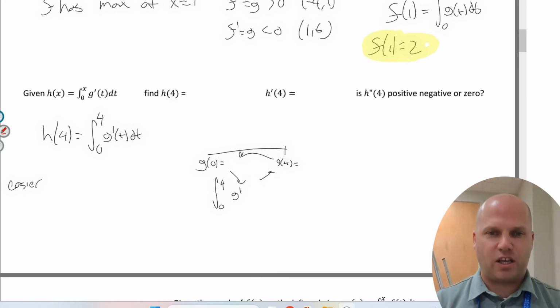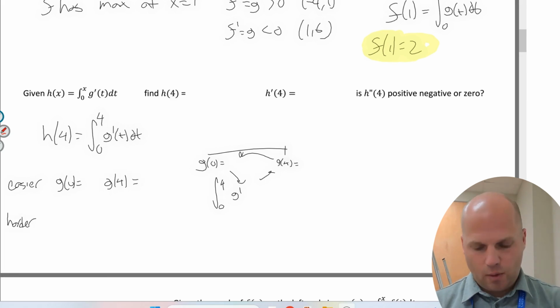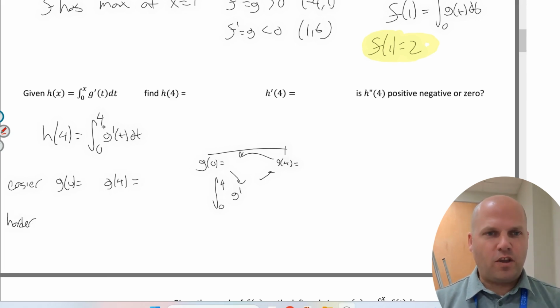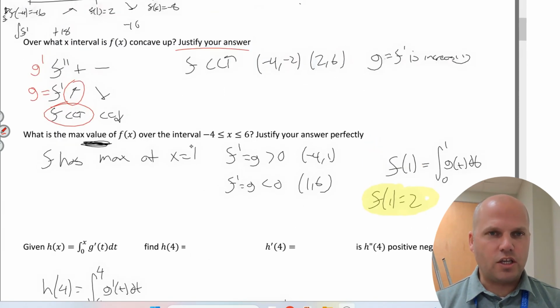Everything is a derivative of something else. So we could find g of 0, find g of 4, subtract them, boom, you'll get your answer. Harder will be to figure out what the derivatives are because these are straight lines. Sometimes you'll be able to do that, sometimes you won't. So let's do the easier way.